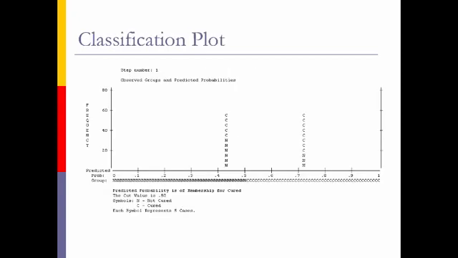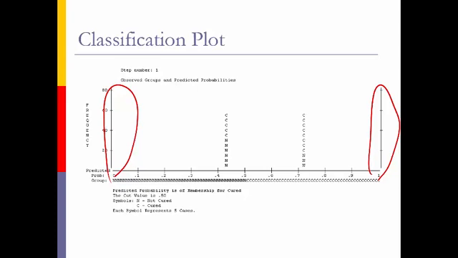All right, so let's go ahead and look at our classification plot. And our classification plot is just a histogram of the predicted probabilities of a patient being cured. If a model is perfect, all cured would be over here on the right, and not cured would be over here on the left. So we would have more cases clustered at the end of each graph.